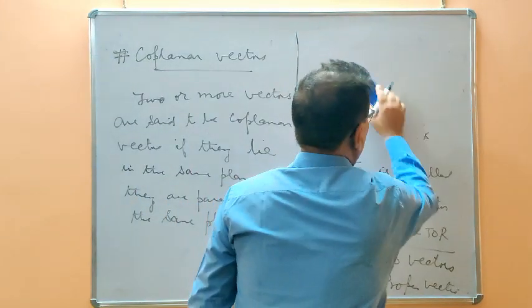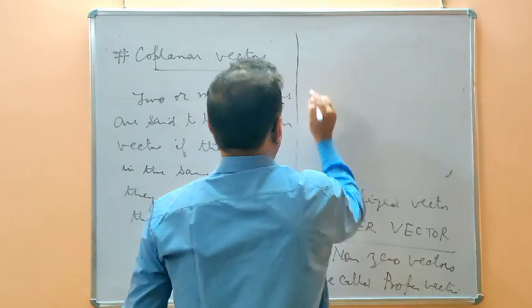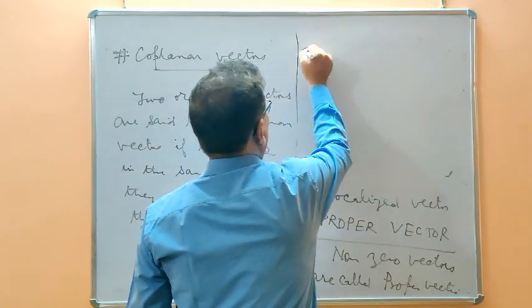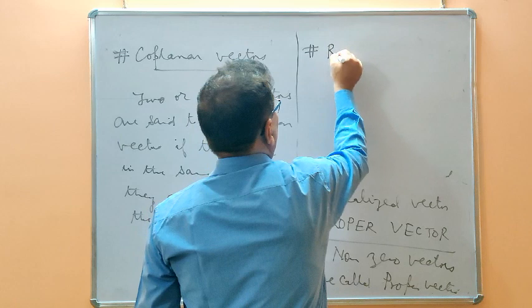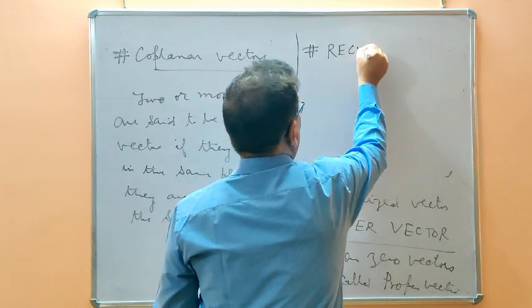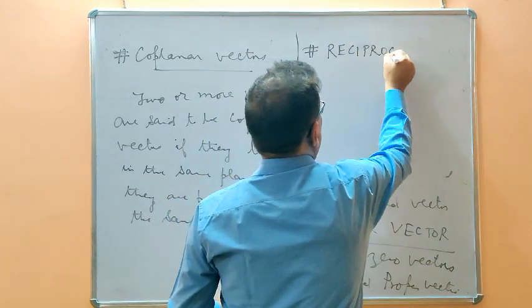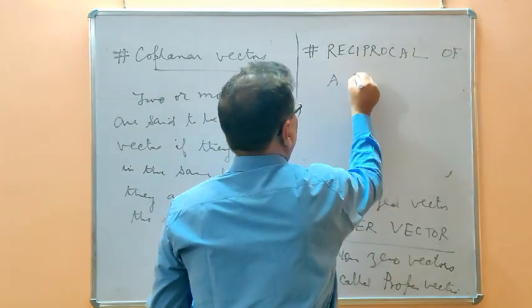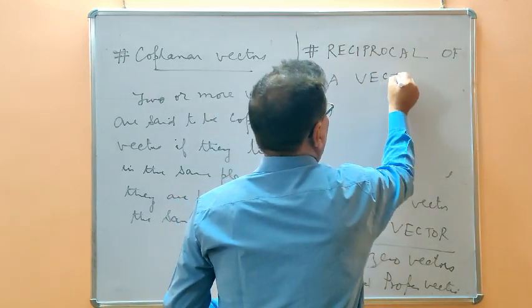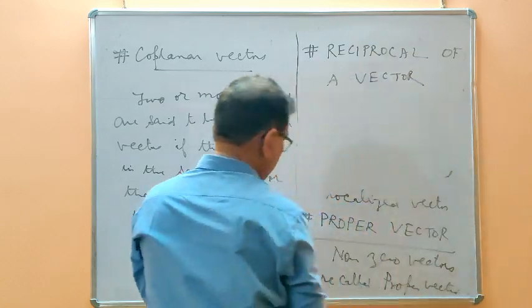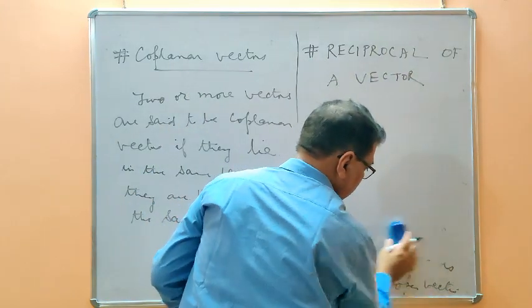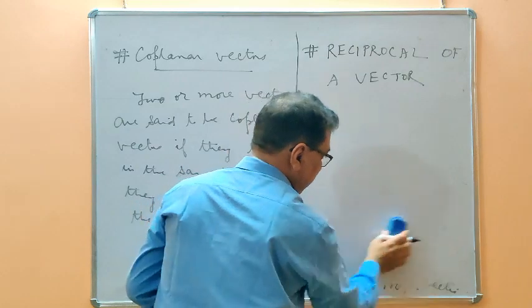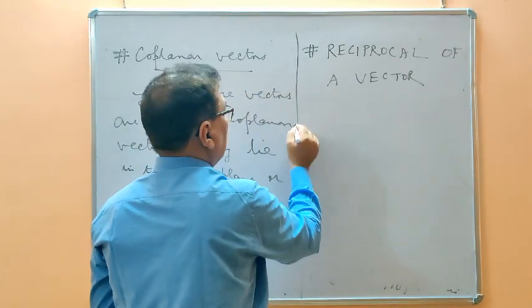Then reciprocal of a vector. So this is again important definition. What is the meaning of reciprocal of a vector?